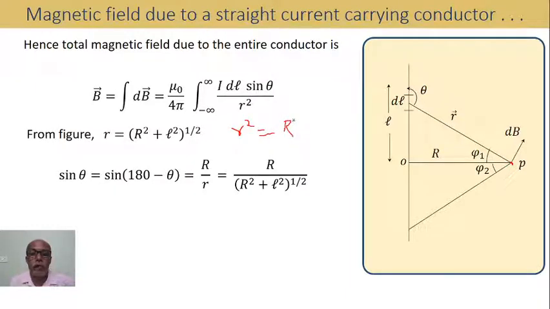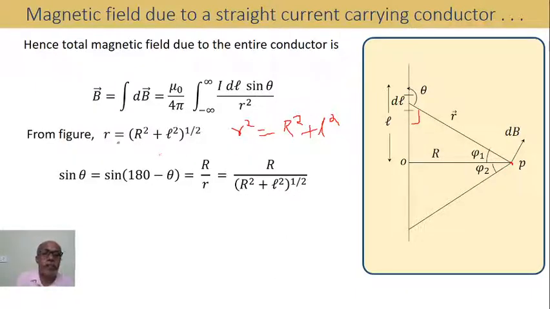Also from the figure, sine theta, or sine of 180 minus theta, will be equal to opposite by hypotenuse, that is capital R by small r. Capital R is the same, whereas small r is R square plus L square whole power half.